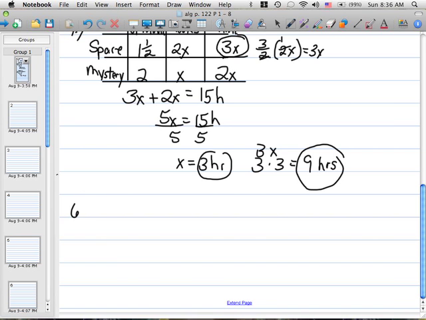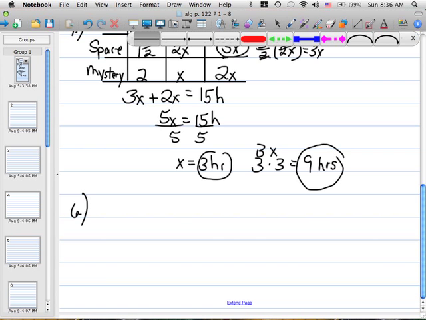Problem number 6 says find the number of calories in a stalk of celery and in a carrot. So we get to make the chart this time, and we did a problem similar to this in the explanation of this section.